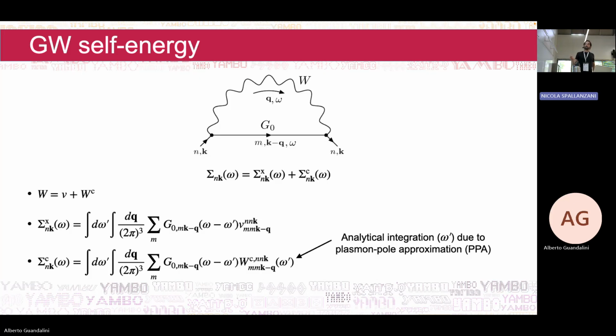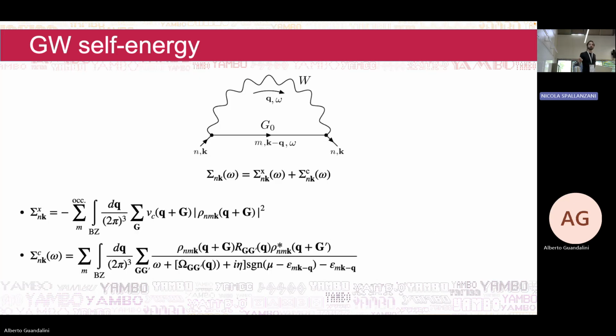Due to this plasmon pole approximation and to the fact that the bare interaction is energy independent, these two integrals over frequency can be done analytically. And this is the final expression that Yambo actually calculates.